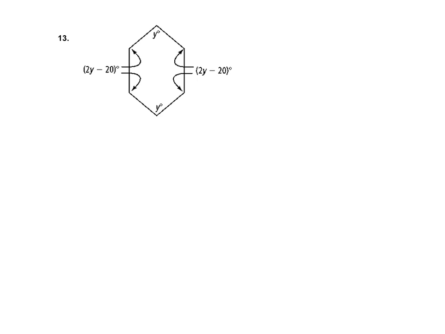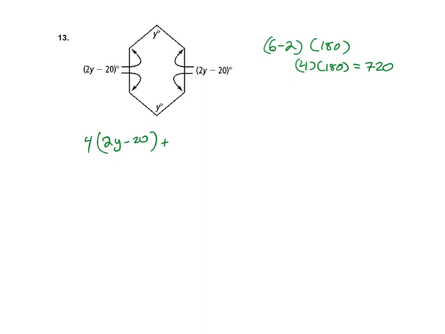Now I want to find the measure of y. My first step is to find the sum of the interior angles. I have 1, 2, 3, 4, 5, 6 sides. So that means this is 6 minus 2 times 180, so 4 times 180, 720. Now, 2y minus 20 is here, and 4 angles measure the same, so I can multiply this times 4, plus y and y, so 2y, equals 720.